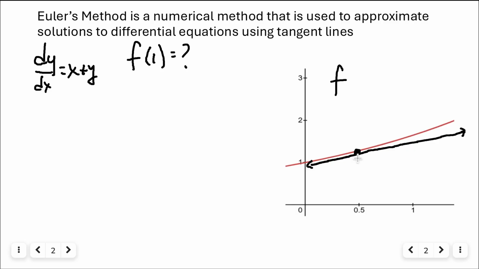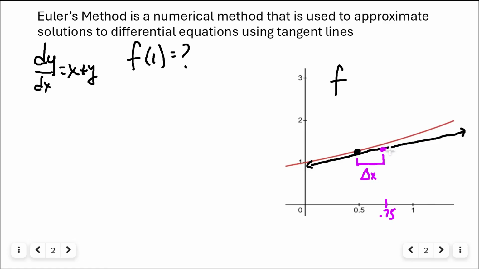So let's say you took this small step, and we'll call it h or delta x, I guess. Delta x would be good. All right. And let's say you went to 0.75. You took half a step. Okay. So now you found the value at 0.75.